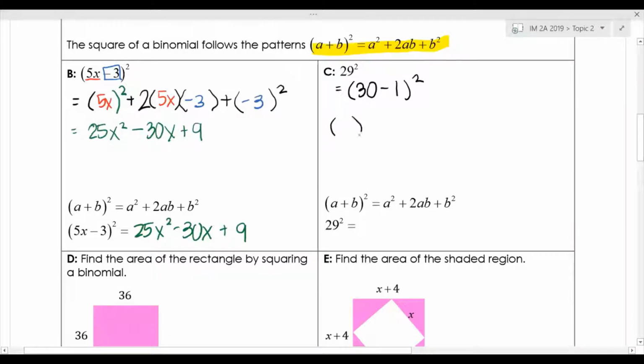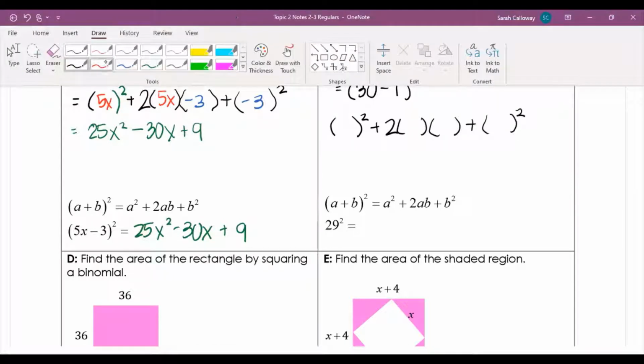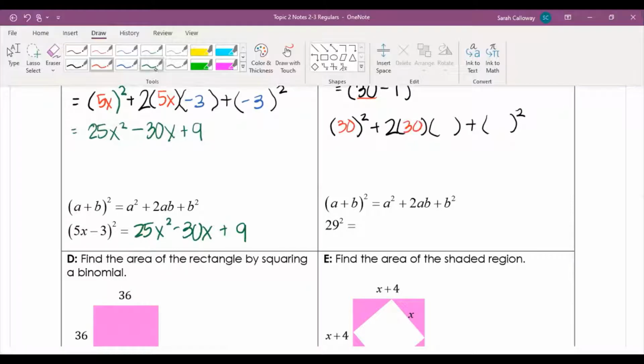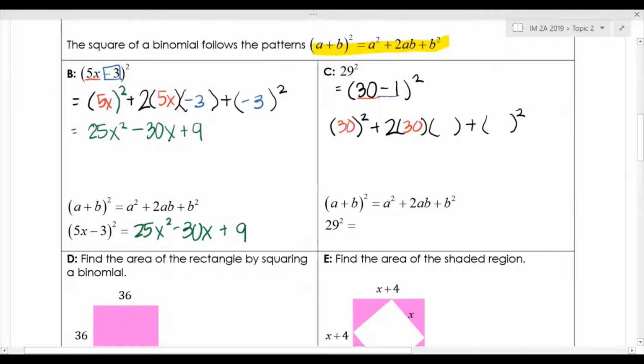And so if we look at the pattern, we've got our a squared plus 2 times a times b plus b squared. And in this case, our a is 30. So those first two blanks are a's, the second two blanks are b. B is -1.